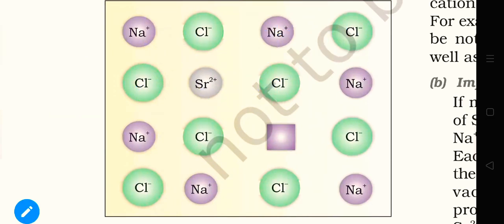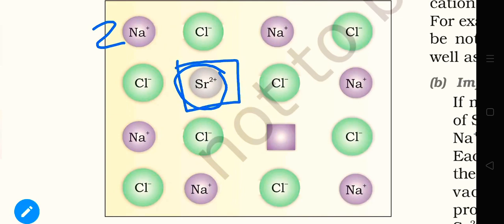So what happened next? If we are removing 4 cations and we are adding just 2 cations, that means out of 4 vacancies, only 2 will be occupied by new cations and 2 will be vacant. As you can see in this example, we added 1 Sr plus 2, so we have to remove 2 Na plus. One was removed from this location and one from this location.